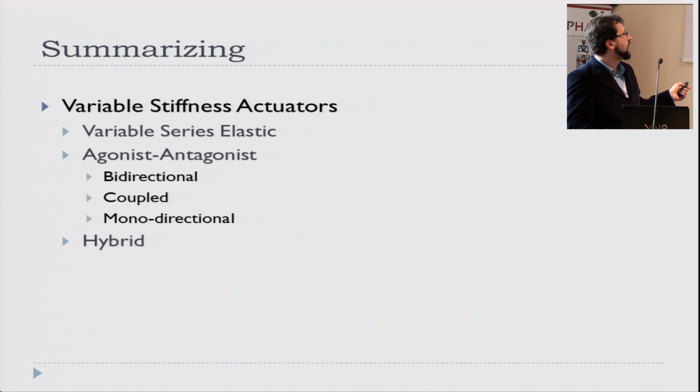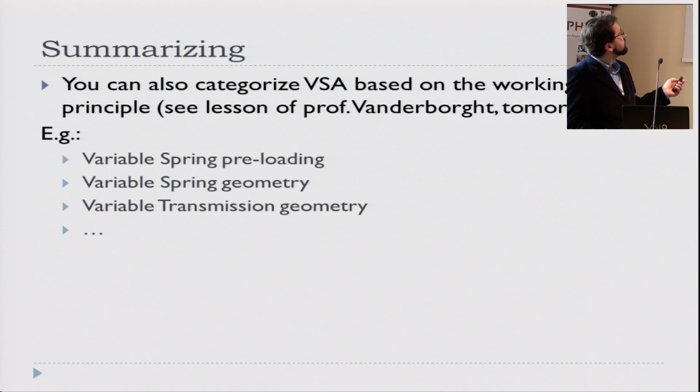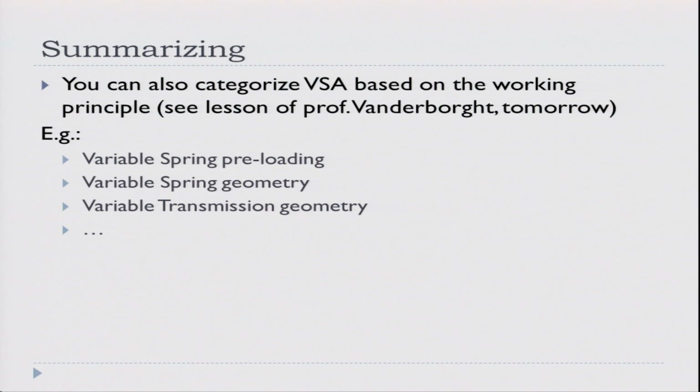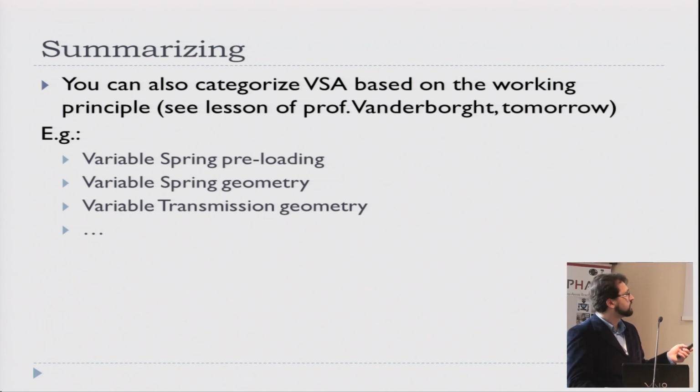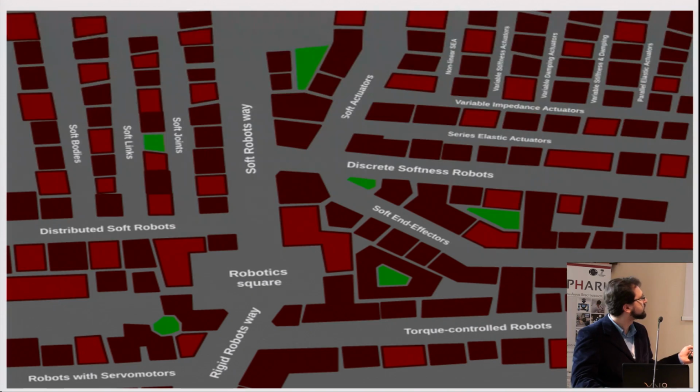But there are also hybrid systems in which all these principles are mixed, and so you cannot specialize the functions as we did before. You can also categorize VSA based on the working principle, and you will be seeing this in the lecture that Professor Vanderbocht is going to give tomorrow, depending on whether it works by preloading a spring or by changing geometry, but I will not stay on this.